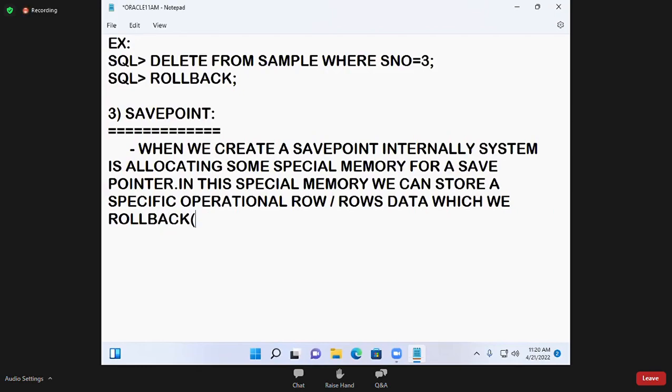Rollback means cancel, which we roll back or cancel.